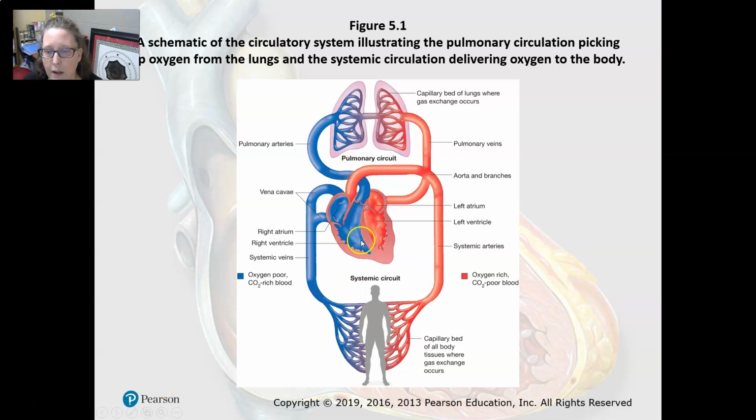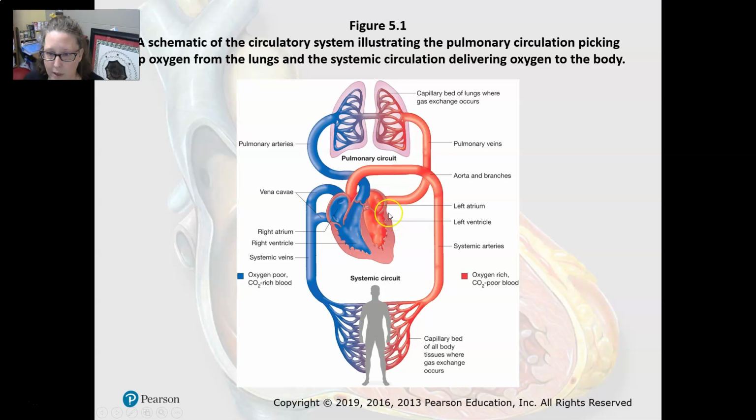So as you see, we typically start on the right side of the heart. So as the blood that's low in oxygen returns back to the right side of the heart, it is pumped through the pulmonary arteries to the lungs, where in the lung capillaries it will pick up oxygen, and then the oxygenated blood will be returned to the left side of the heart through the pulmonary veins.